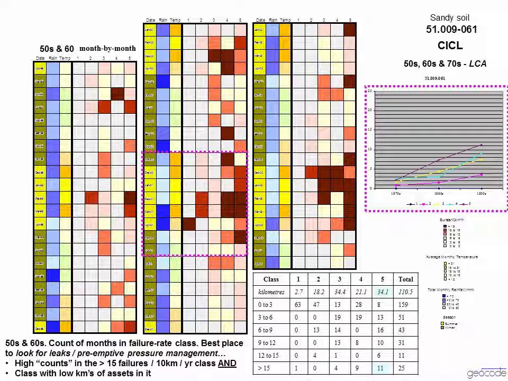Okay, and for example, in terrain unit 5, there's 34 kilometres of the total 110 kilometre length of assets. So this sort of information potentially could give you focus.